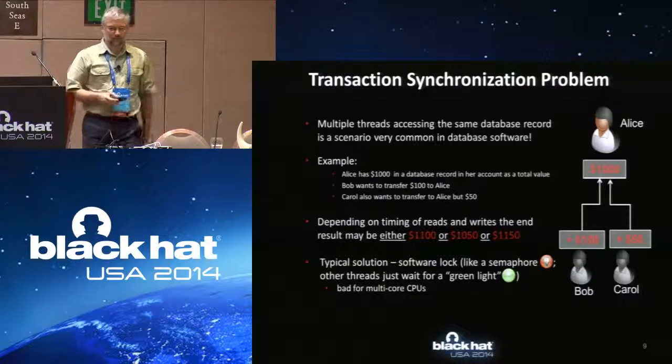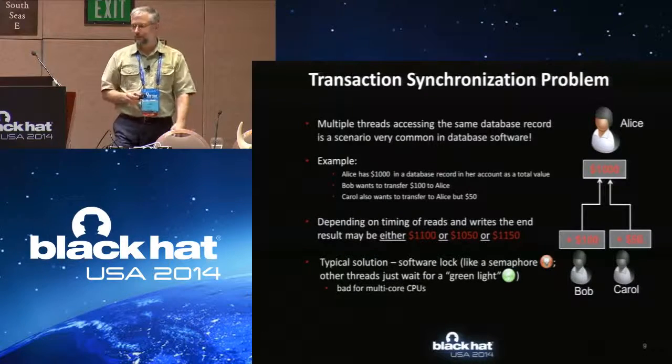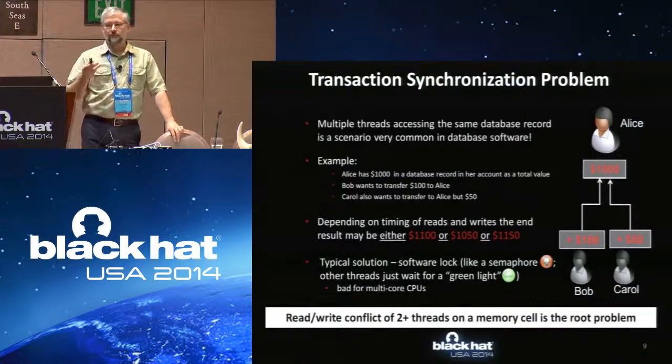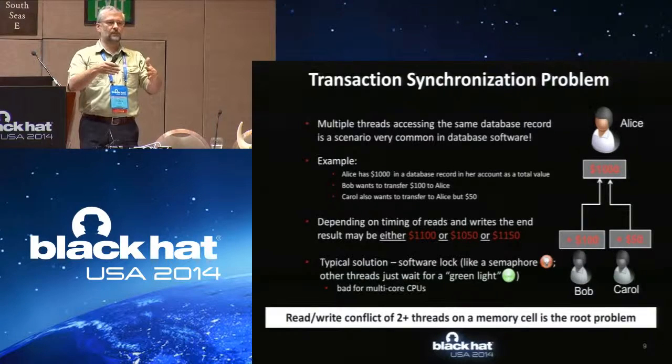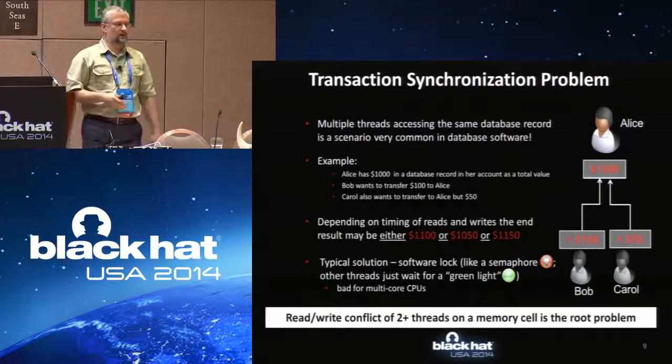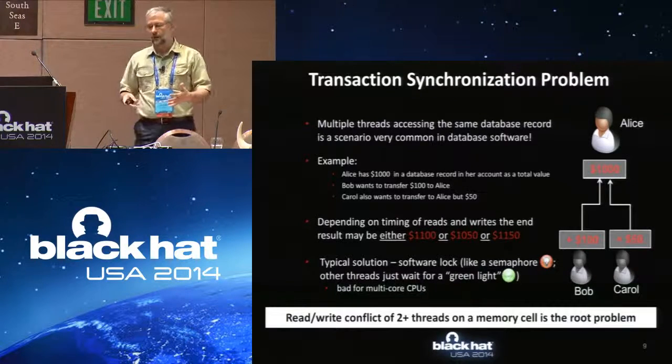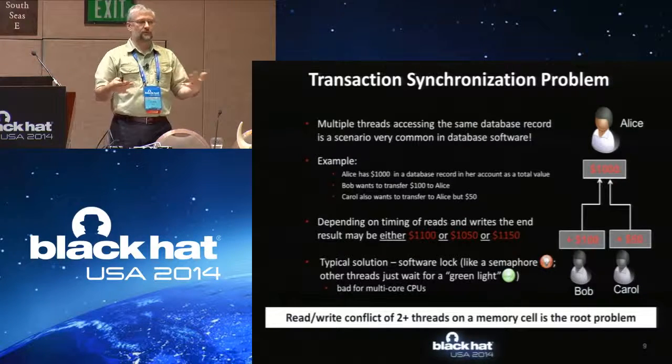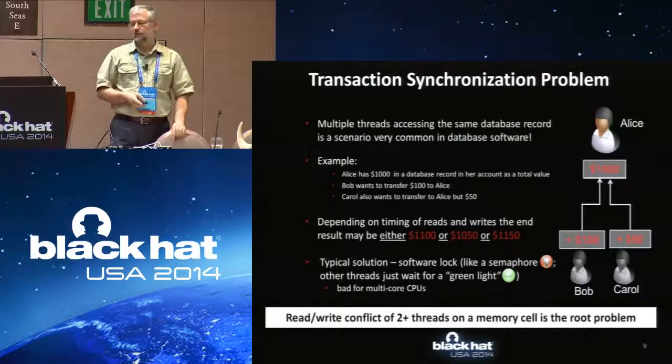That's a waste of hardware, if you will. And the origin of this problem lies in the fact that if two separate programs or two separate threads write to the same location in memory, a read-write conflict can occur, and arbitrating this conflict is the root of the problem.